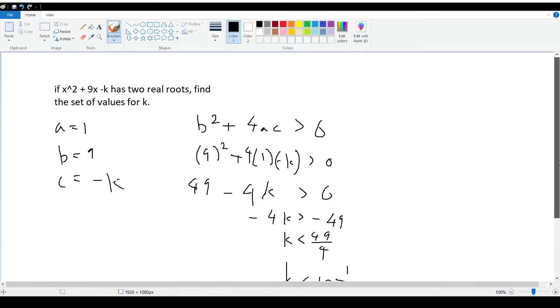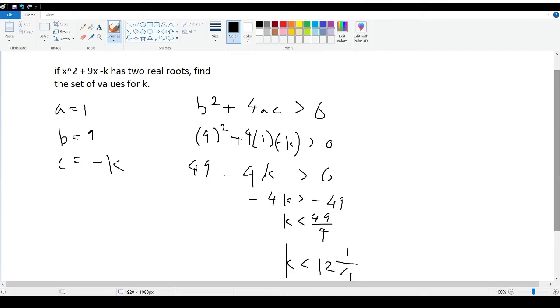These sorts of questions, it's just like, if this quadratic function with a number of k has either no real roots, 2 real roots, or 1 real root, then just find out what a, b, and c is in the quadratic equation, and you input it into the quadratic discriminant.